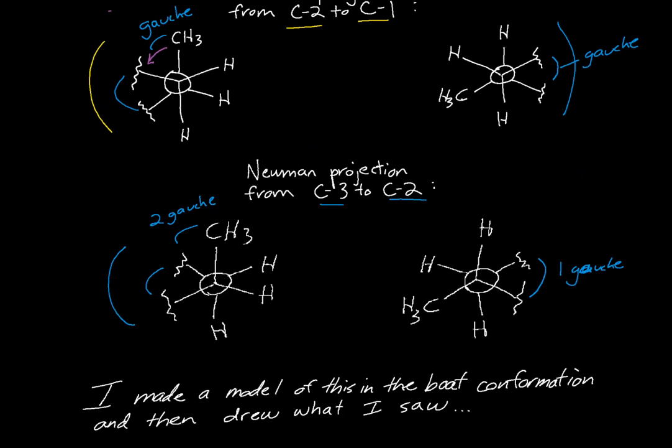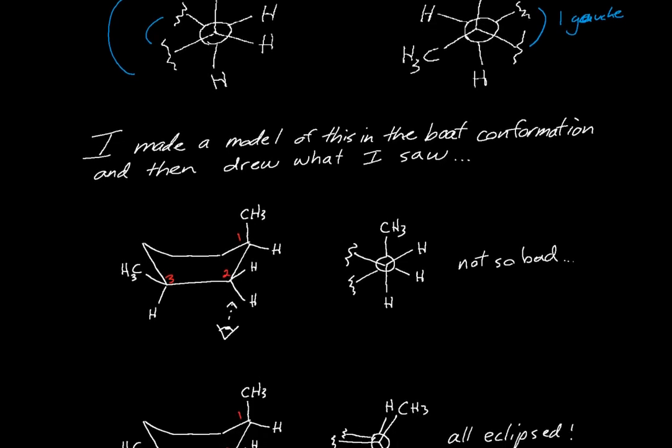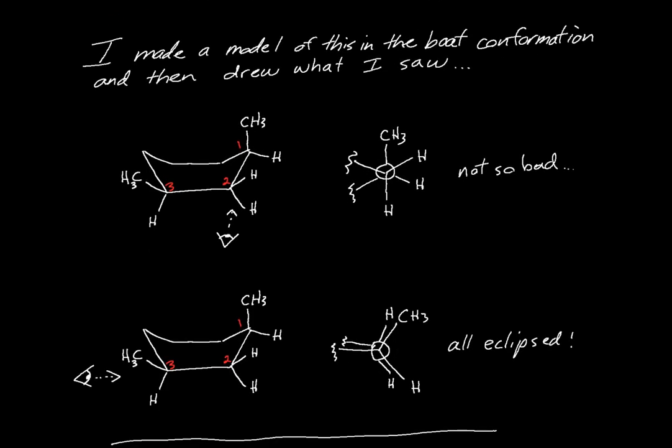Now, some people say, well, you showed us all these other different conformations of six-membered rings, like the ever-popular boat conformation. So I drew the boat. First I built a model of the boat conformation and then drew what I saw. It's a little bit tougher, but you can still make a Newman projection. You can use this style of projection to analyze any structure you want, not just a chair conformation, but here's a boat conformation.